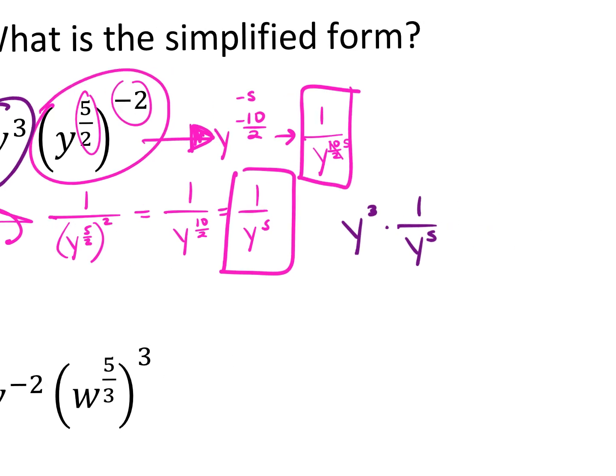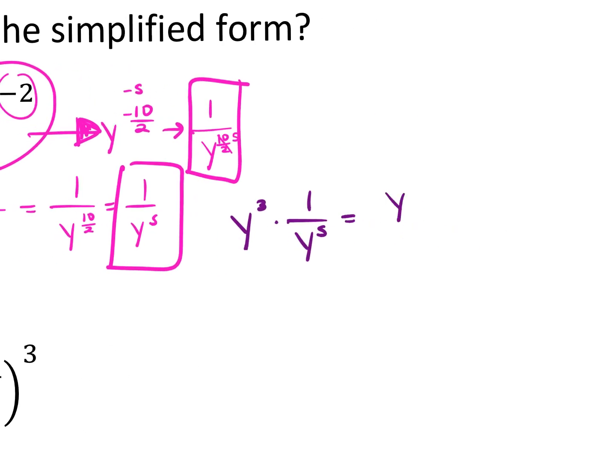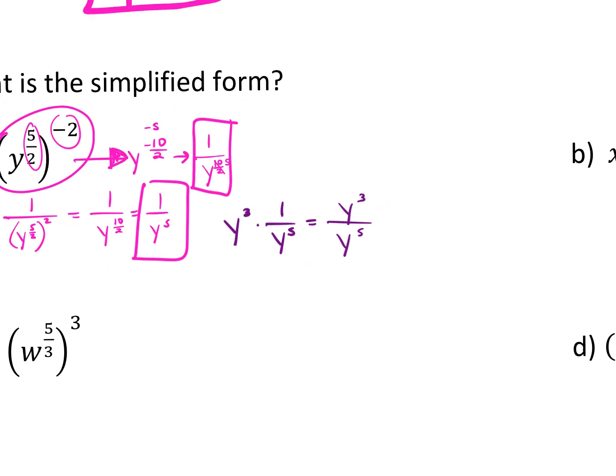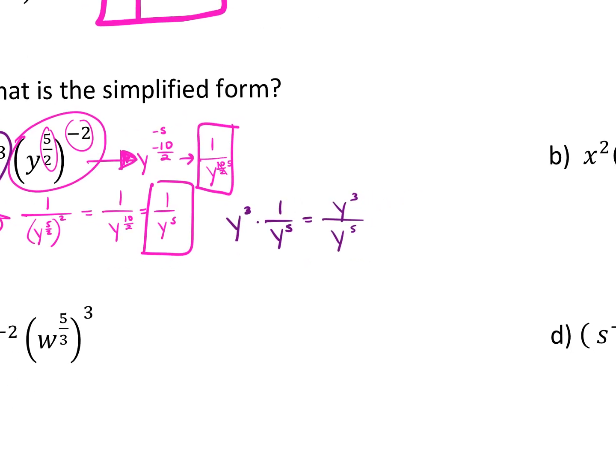If we multiply across, y to the 3rd over y to the 5th. Do you remember what we said we do when we divide? What do you do with your exponents? Subtract? We haven't done division yet. Never mind.